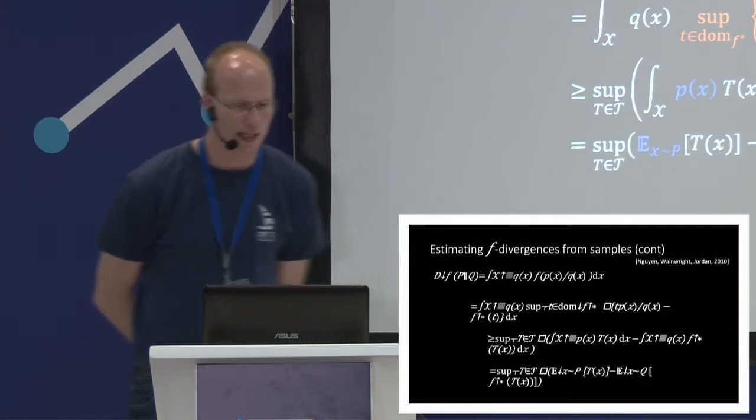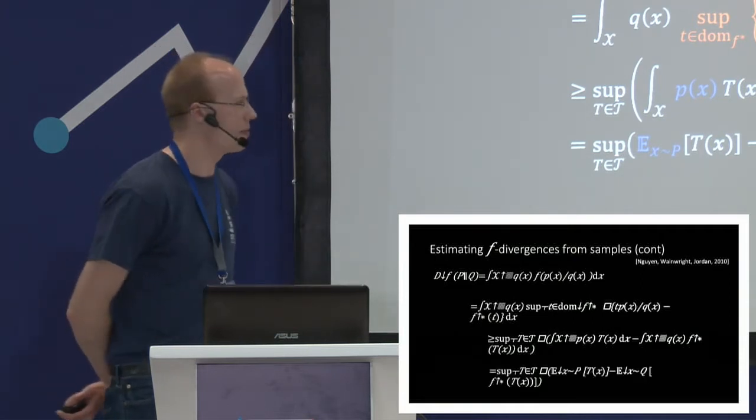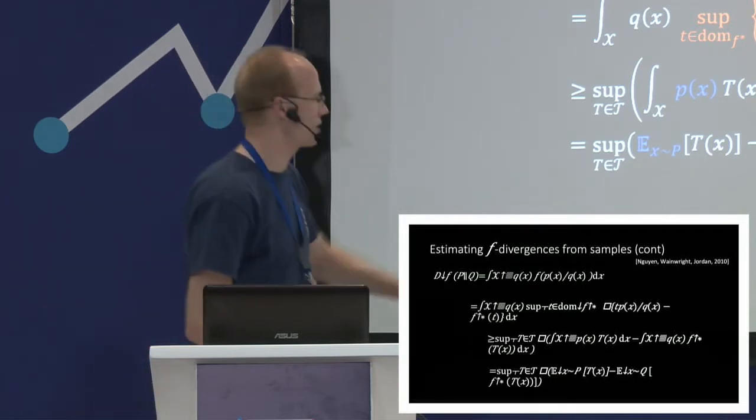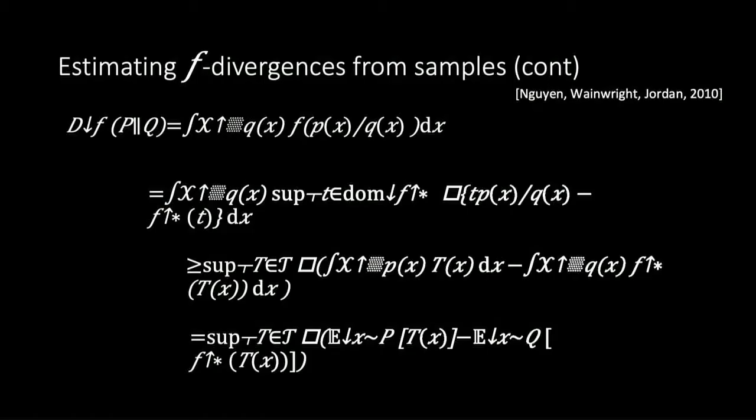So what we have written is that the f divergence can be lower bounded because this function does not allow every possible dependence on x, but it's constrained to be a certain set of functions, like a neural network. We have introduced this extra function, the discriminator. T of x is a discriminator. And as a result, we have lower bounded this f divergence variationally. So if we modify t, we get different sets of lower bounds.